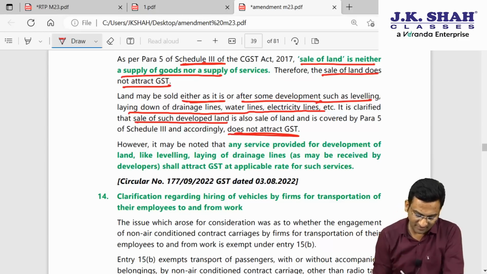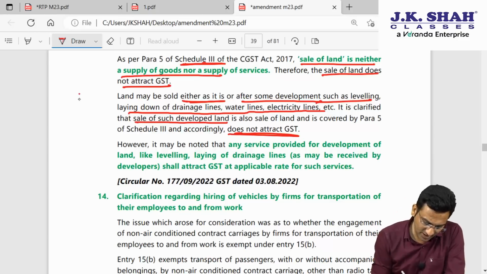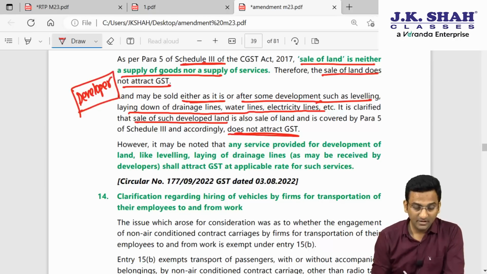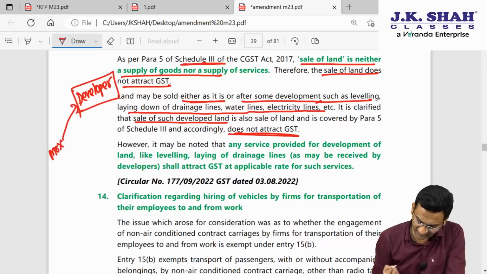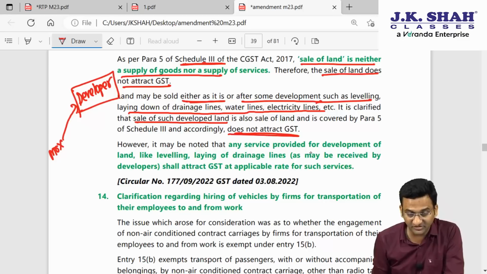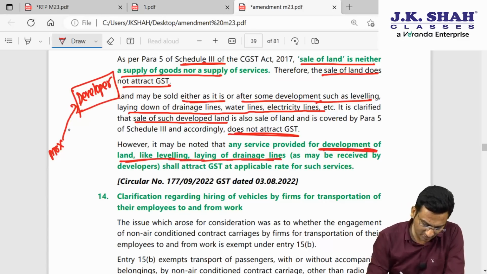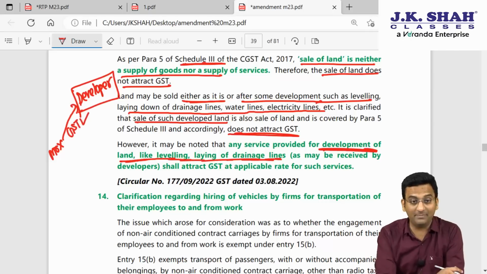But however, friends, suppose there is an owner of the land, and Mr. X is providing the services of development of the land, like leveling, laying down drainage lines or electricity lines. Then on this activity GST is applicable.